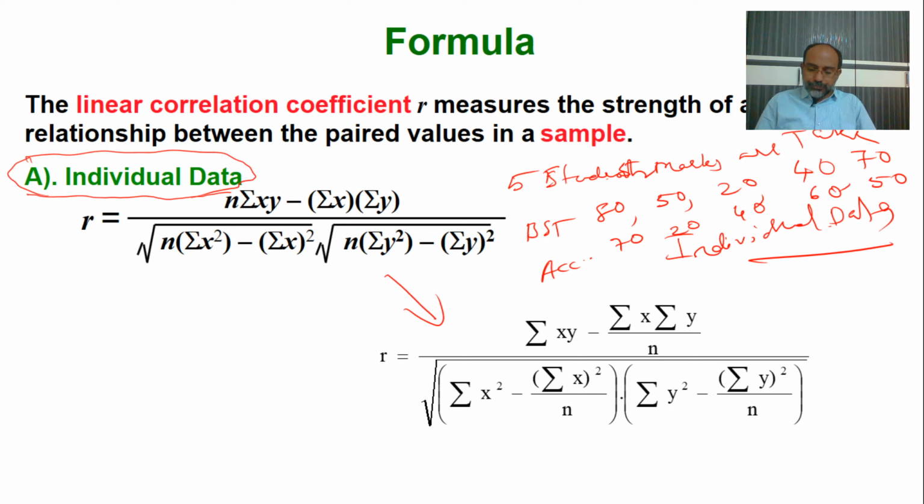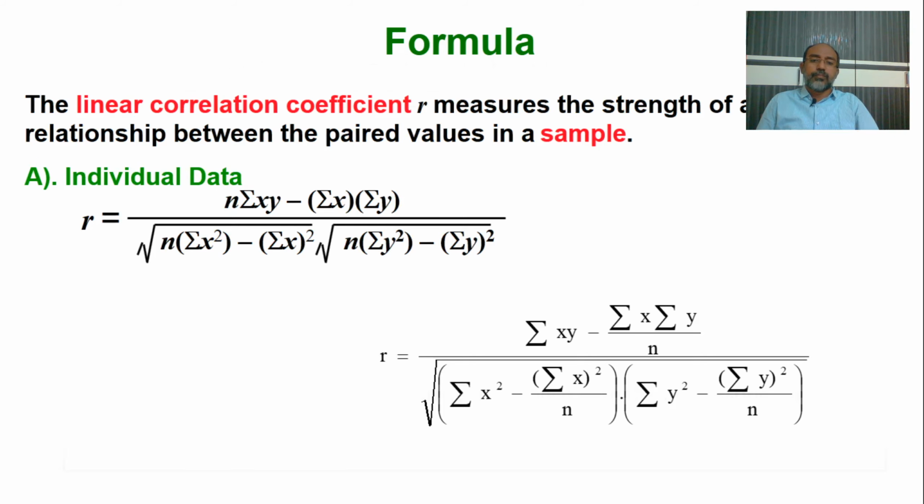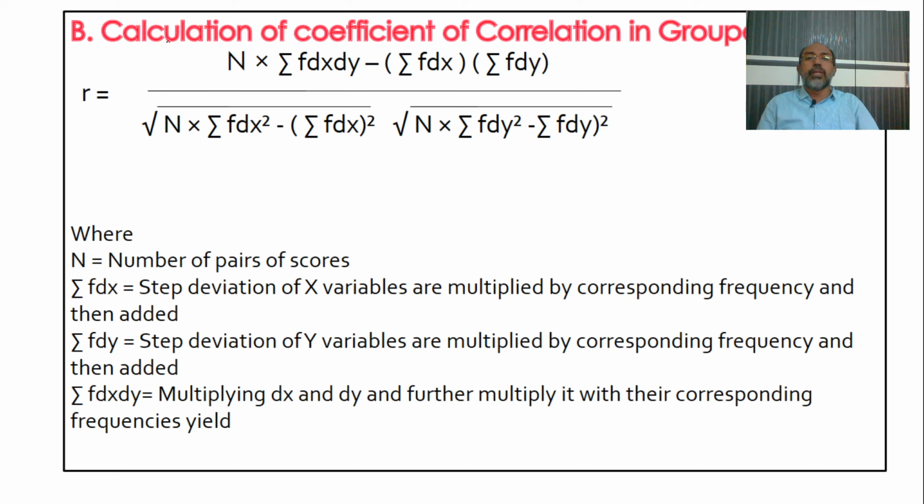Right. This is with regard to the individual data. Now we are going to deal with the calculation of the coefficient for grouped data. So grouped data in the sense discrete data and classes, that is continuous data.